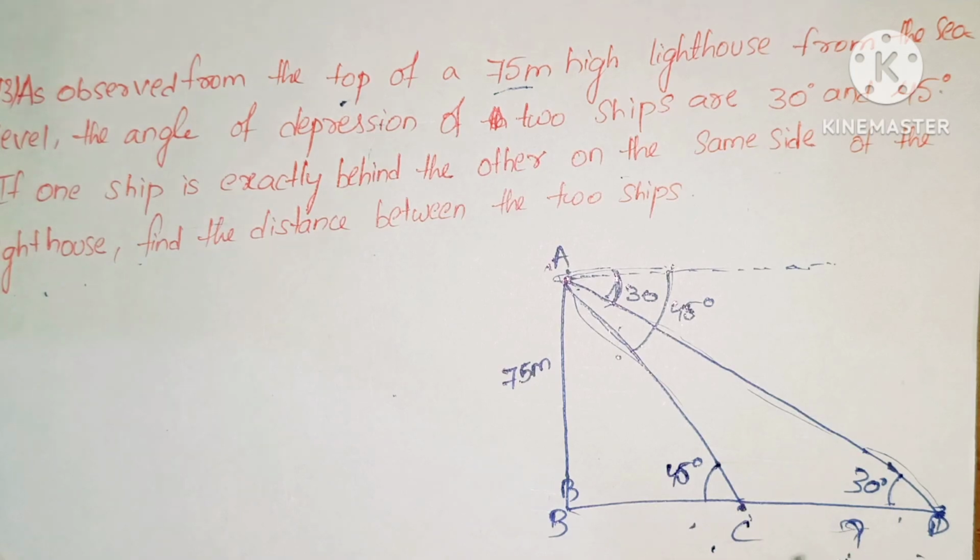Before finding this, first let us find BC. In triangle ABC, you know one side and one angle, so you will get BC. Then take triangle ABD. You know one side and one angle, so you will get BD. From BD, if you subtract BC, you will get CD.